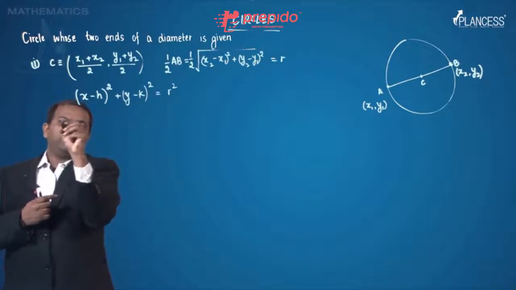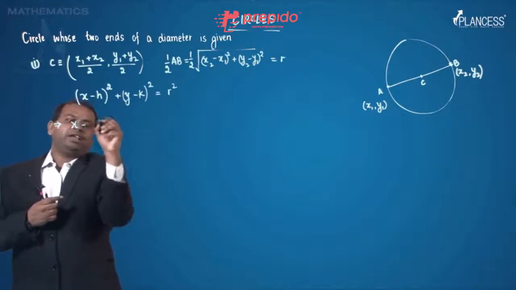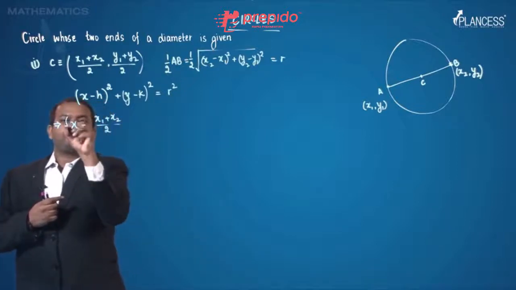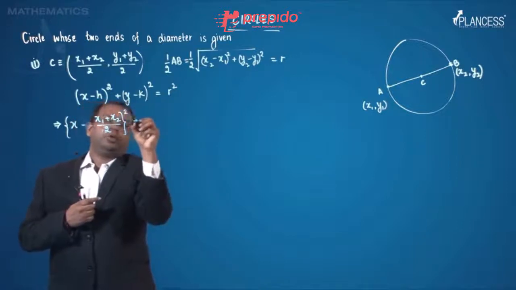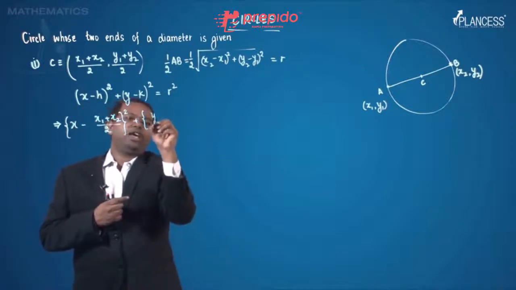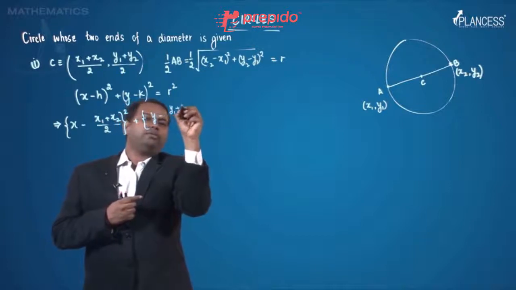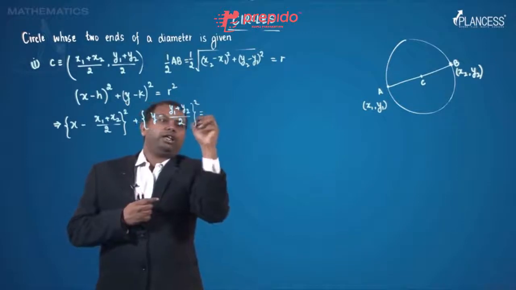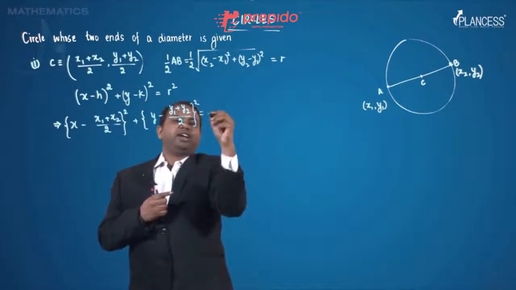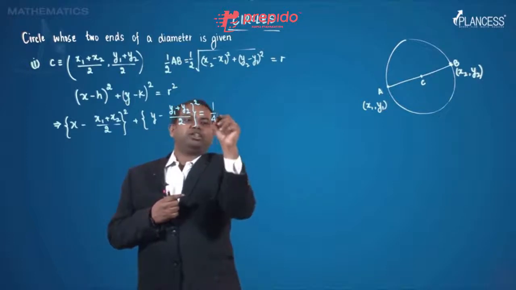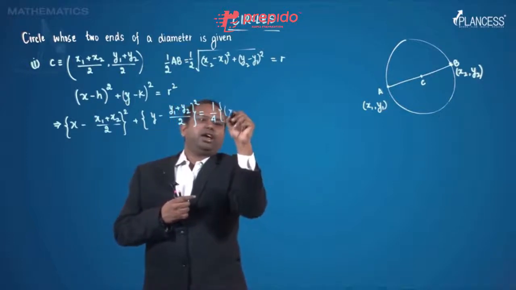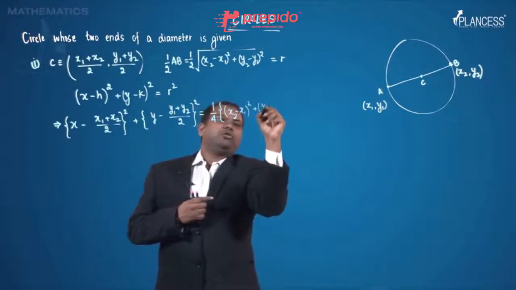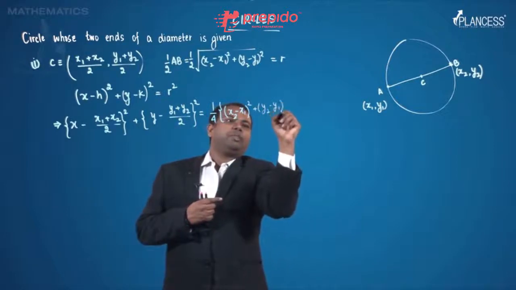Now substituting the values, we have x minus (x1 plus x2) upon 2 whole square plus y minus (y1 plus y2) upon 2 whole square, and equal to, instead of r square, we can write this: 1 by 4 outside, and then x2 minus x1 whole square plus y2 minus y1 whole square.